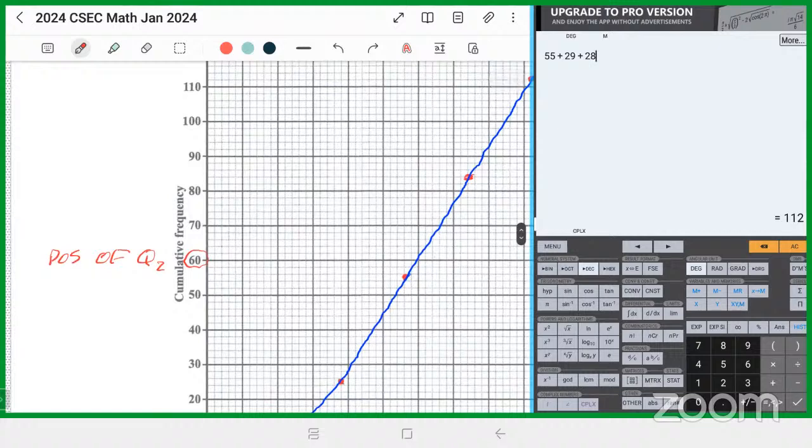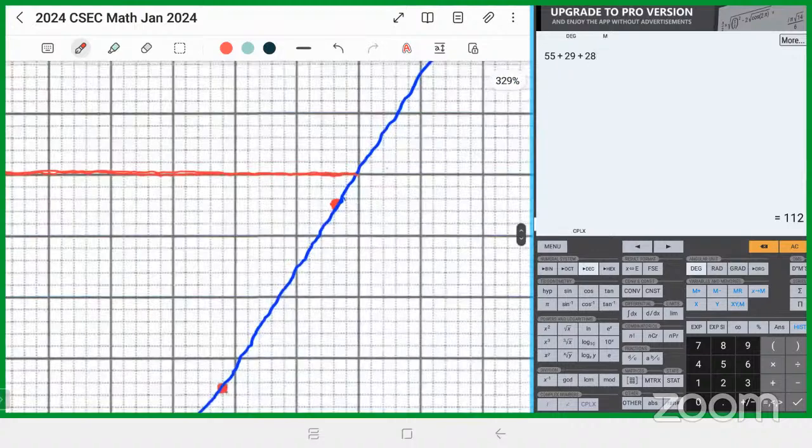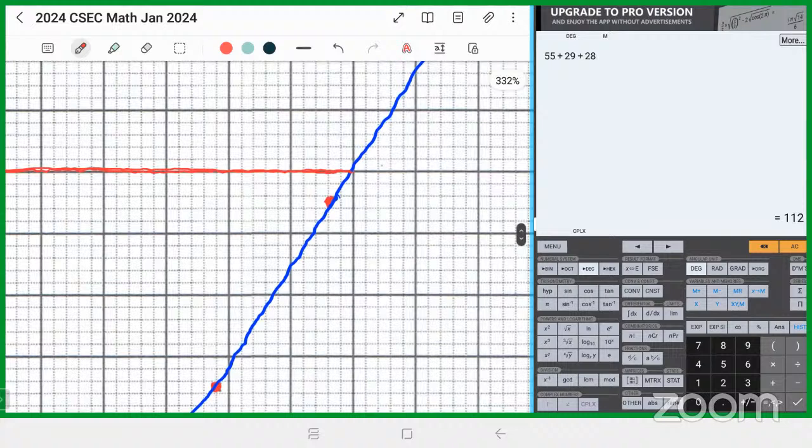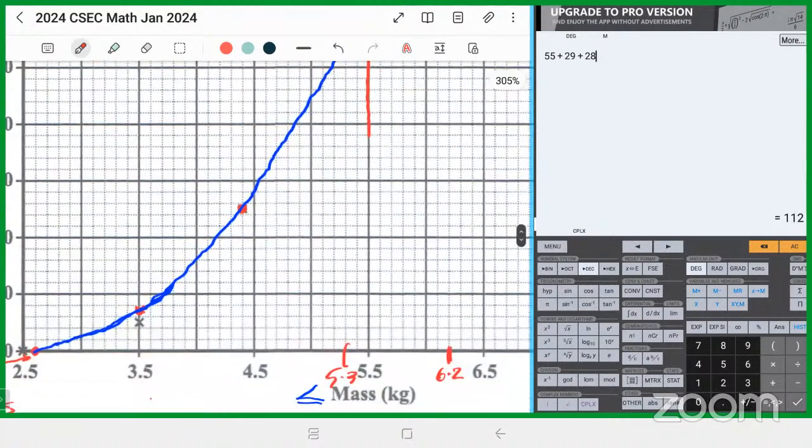So come across on the graph. Looks like it is right at this line here. I'm just going to use this value. All right, well, that looks close enough. It's an estimate anyway.